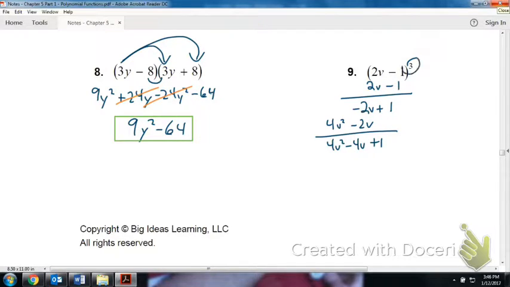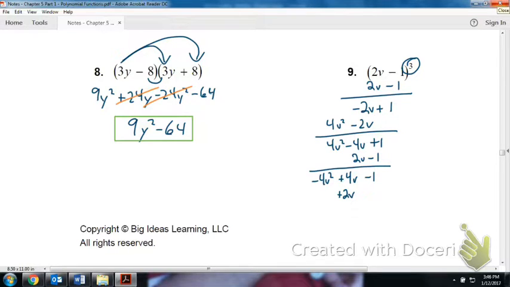All right, but it's cubed, so we got to do it again. So here we go. 2v minus 1. Negative 1 times 1 is negative 1. Negative 1 times negative 4 is positive 4. Negative 1 times positive 4 is negative 4v squared. Then do it with 2. 2 times 1 is 2, so 2v.